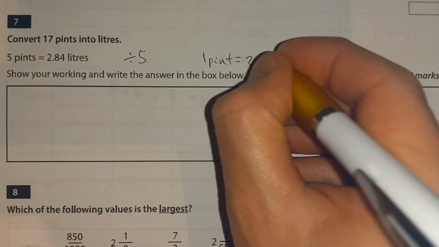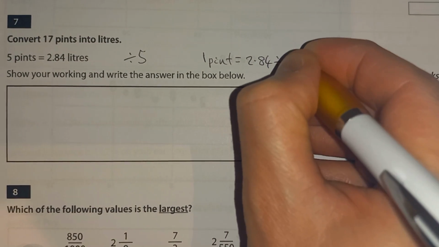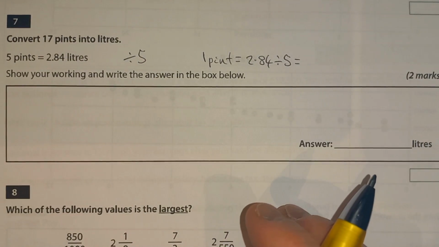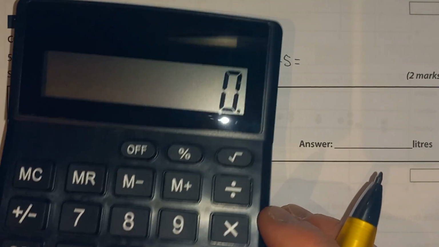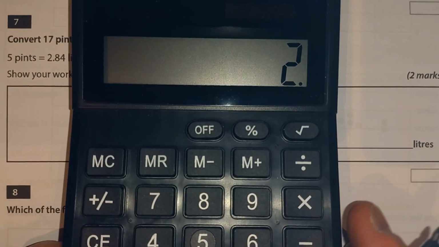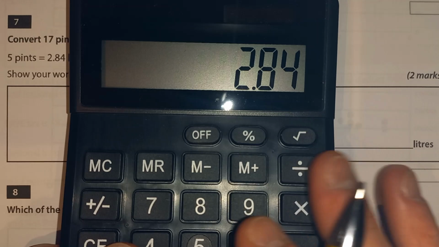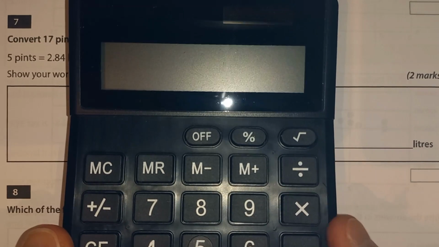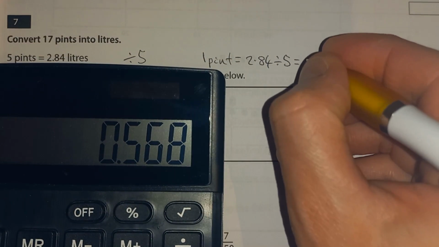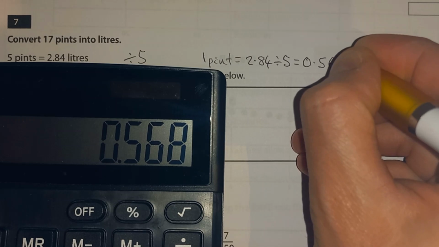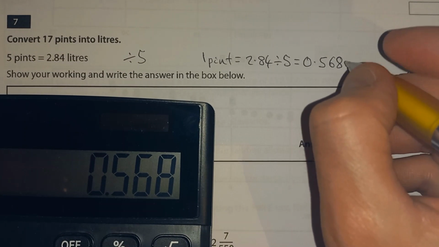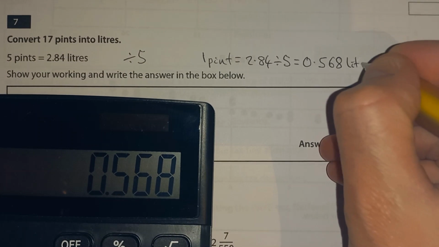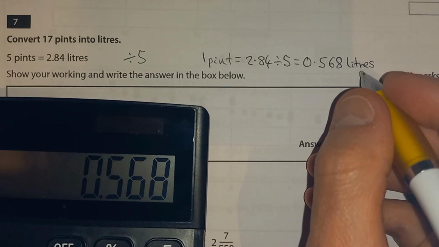well, let's write it out. It's going to be 2.84 divided by 5. Which is 0.568 of a litre, or litres.